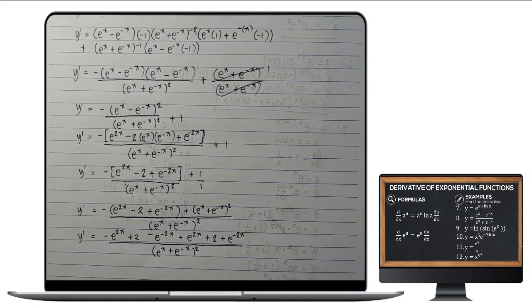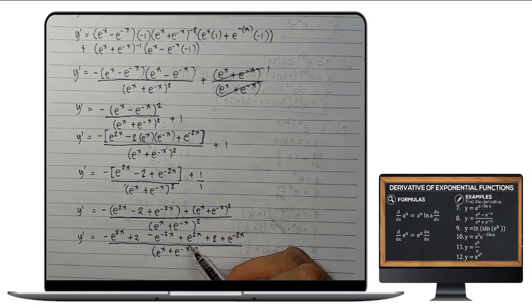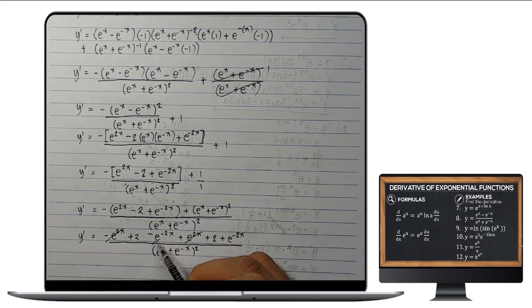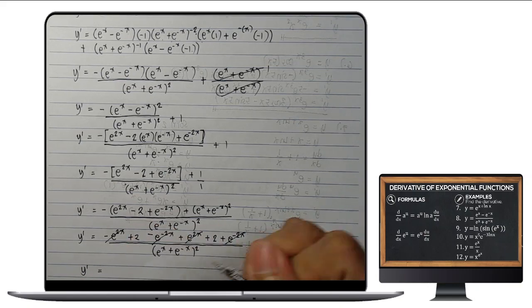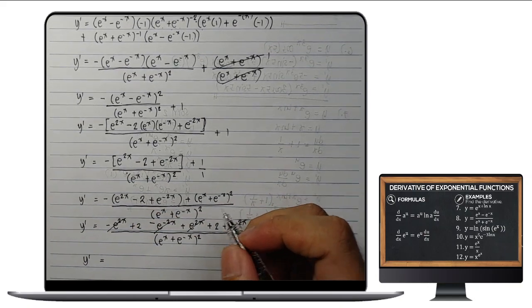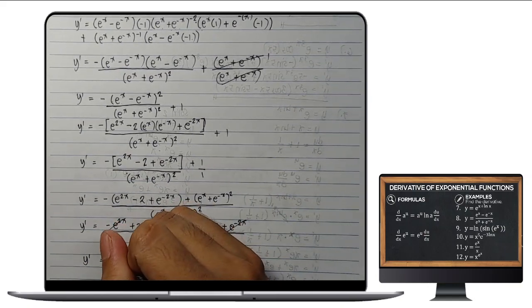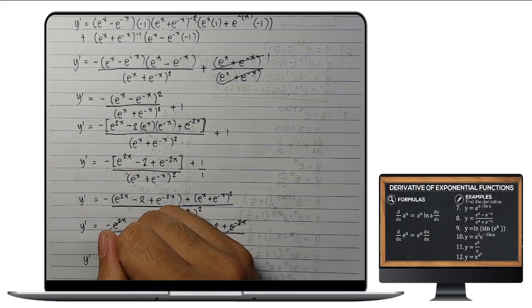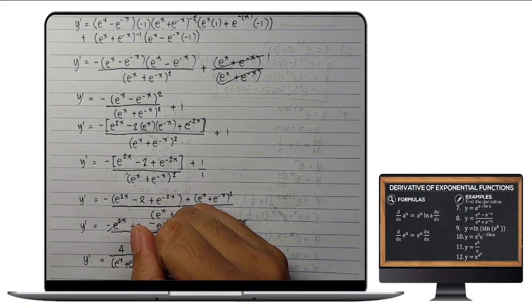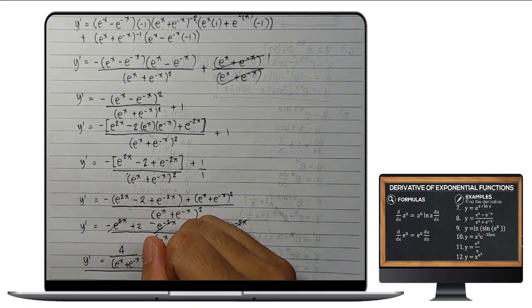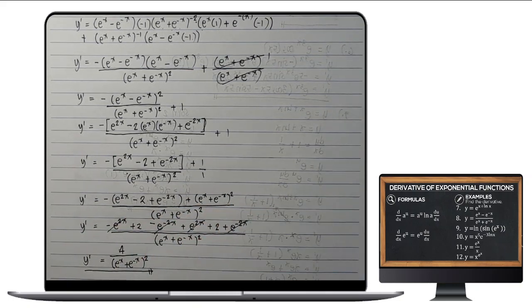Okay, so we can cancel out these values. So we only have 2 plus 2. So our y prime is simply 4 all over e raised to x plus e raised to negative x being square. So this will be our final answer.